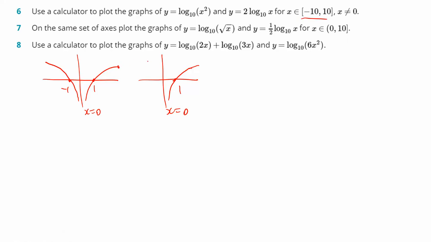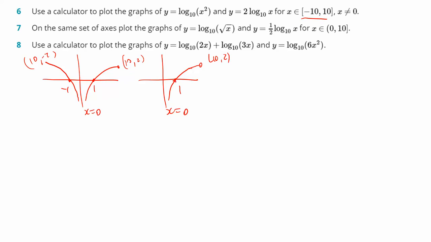When x equals 10, this equals log base 10 of 10 squared, which is 100. Log base 10 of 100 is just 2. So this will be (10, 2), and this will be (10, -2), because it's symmetrical. And for here, it'll be (10, 2), and you're done.